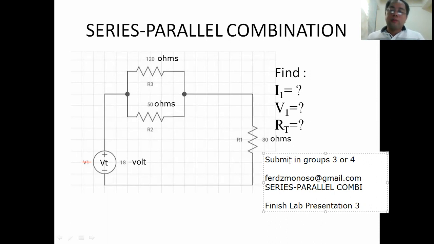You will group yourselves by Einstein groupings, but the submission will be done in groups of 3 or 4. So leaders, please gather your members and work on this activity for today. I think you understand that, and I'm hoping to see your work at the end of the class period.